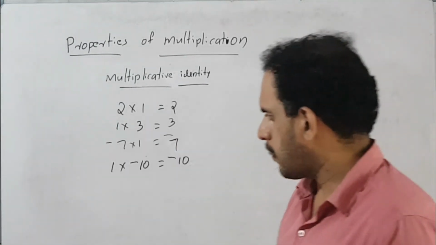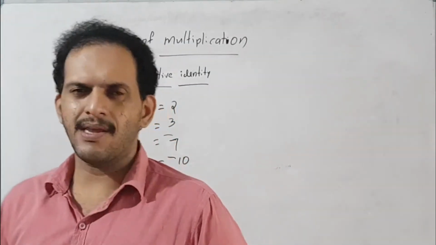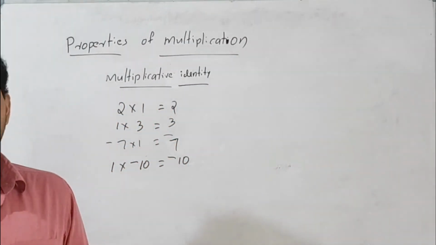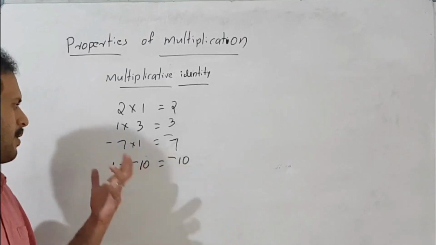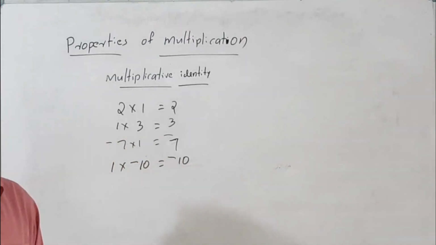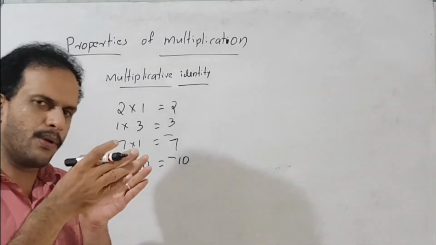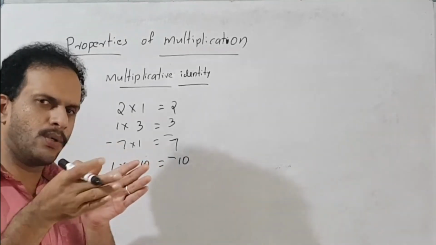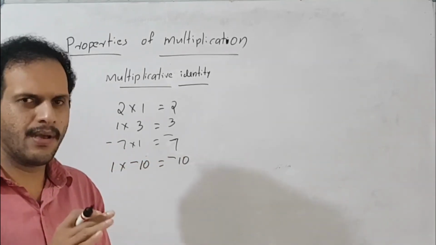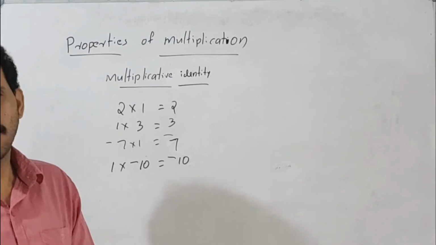Okay, so what are we getting here? If you multiply any integer by 1, or 1 by any integer, we get the same number as the answer. If you multiply any number by 1 or 1 by any number, what do we get? We get the same number as the answer.